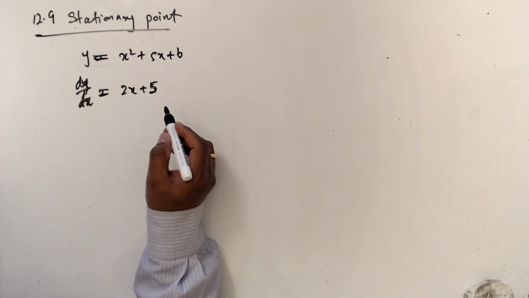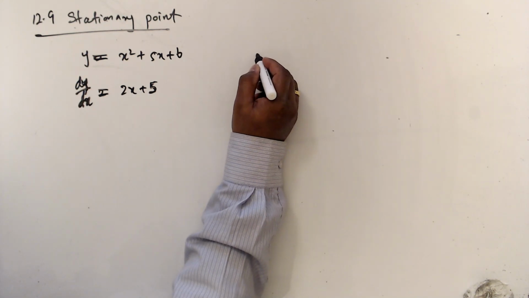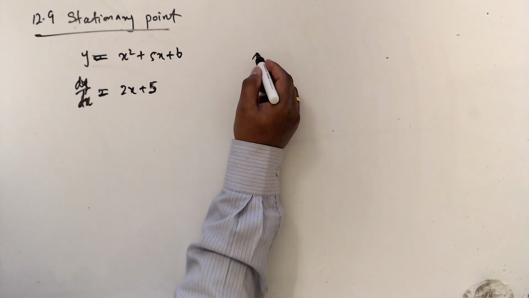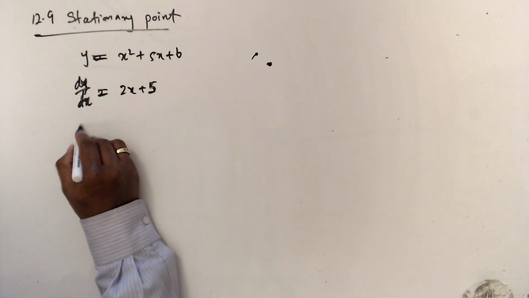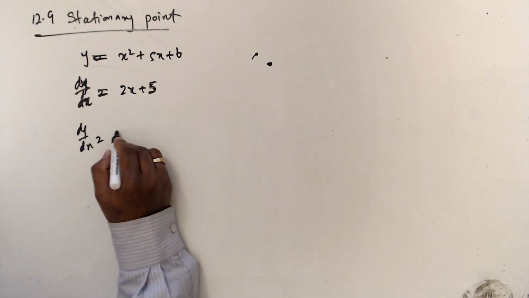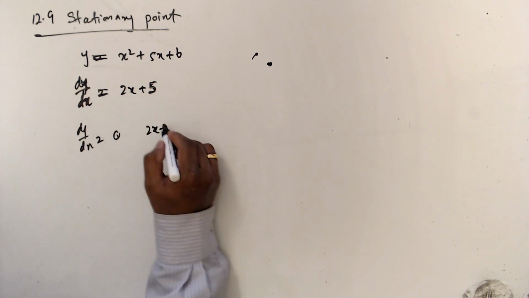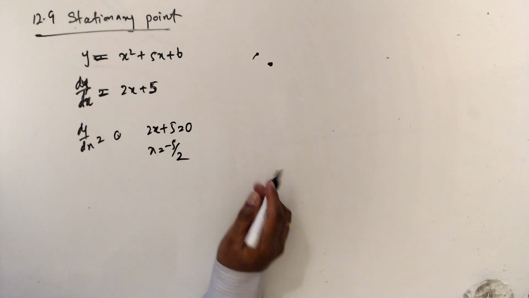So what is the characteristic of the stationary point? At the stationary point, the function is neither increasing nor decreasing. It means dy by dx has to be 0. First of all, find the stationary point. So dy by dx equals 0. Then 2x plus 5 equals 0, x equals minus 5 over 2.